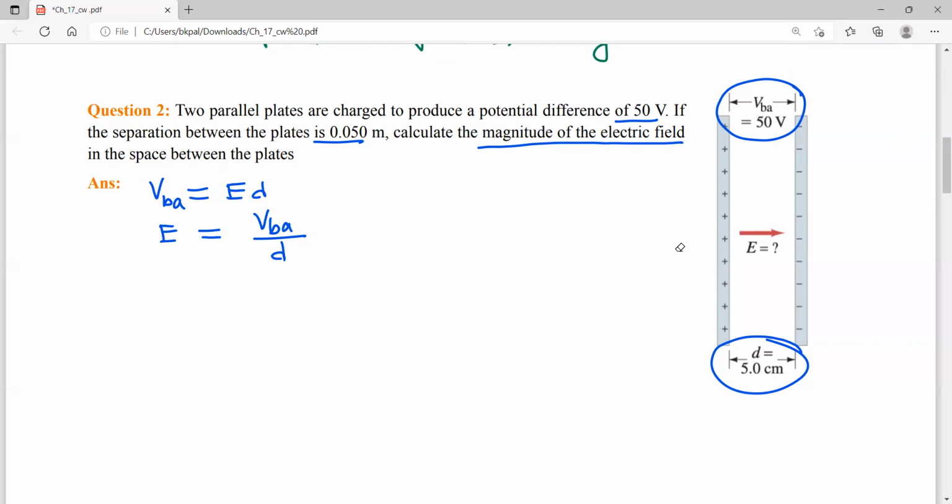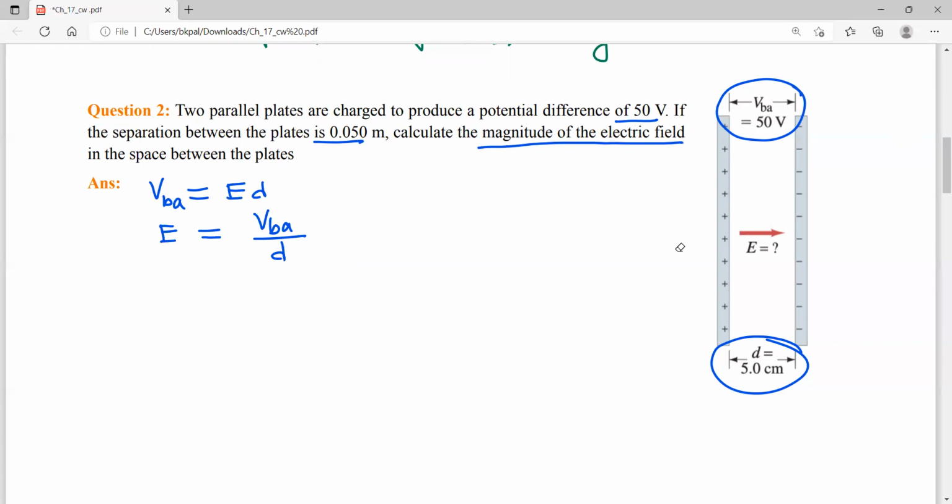When there is a mixture of scalar and vector quantities, it is not very important to use the negative sign, because we can determine the direction later by using the concept. So this is the equation to solve for the electric field.